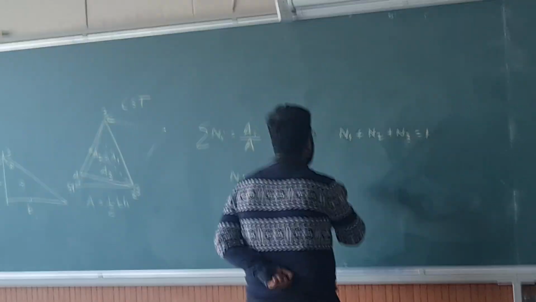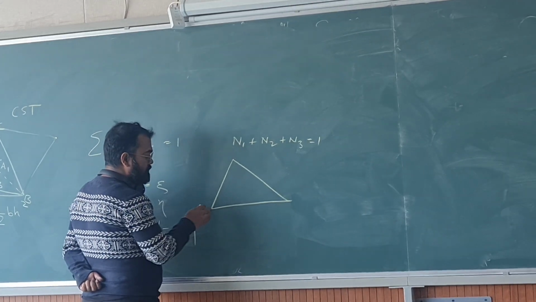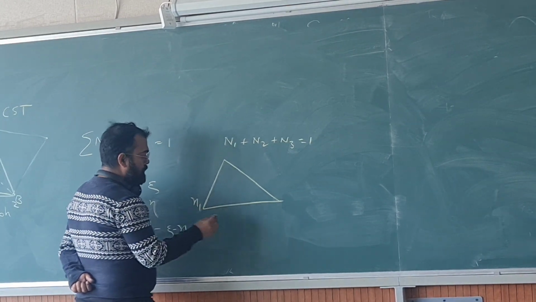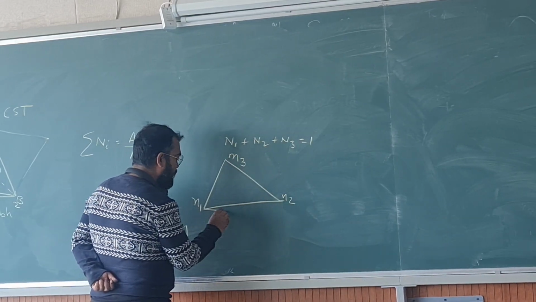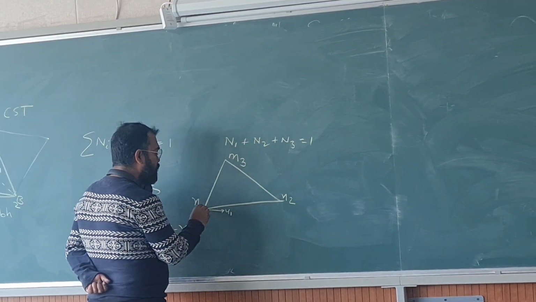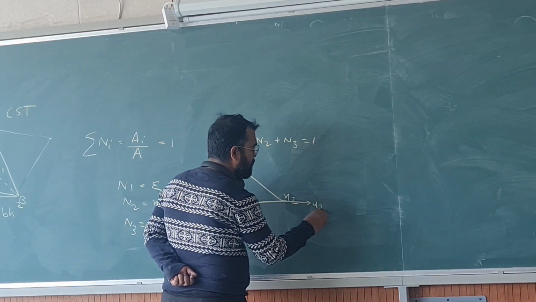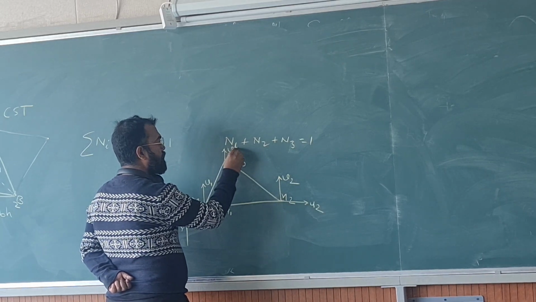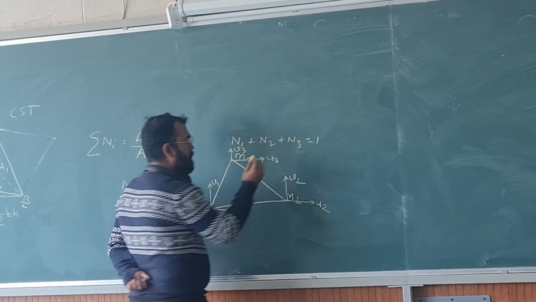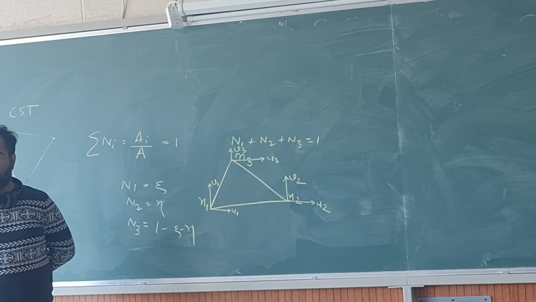So now let me draw it again, and let us say I have node number 1, node number 2 and node number 3, and I will have here a displacement u1 and v1, and here I will have... Is this okay? It's a 2-dimensional entity, so you are going to have 2 degrees of freedom at every node, right?